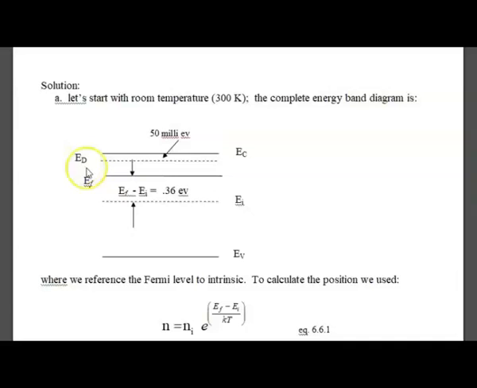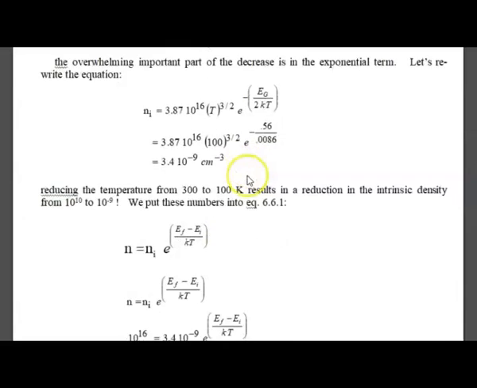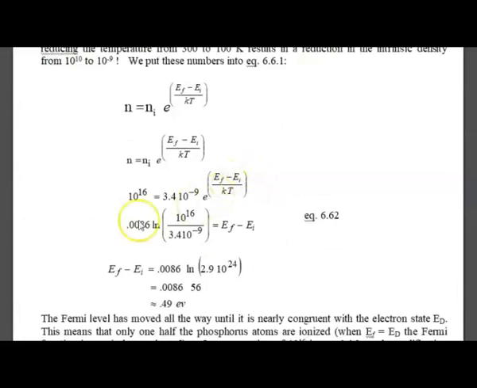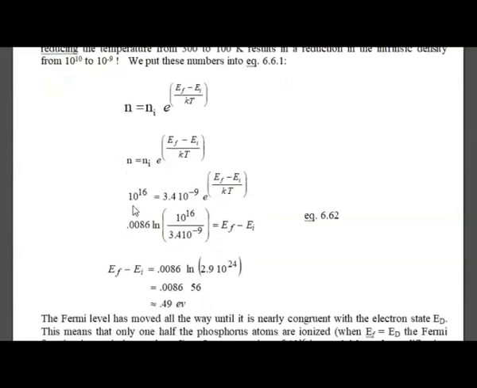which means that the assumption that all the atoms that we put into the silicon lattice are ionized is not so great. If it was precisely at E sub D, then the probability of ionization would be 1/2.